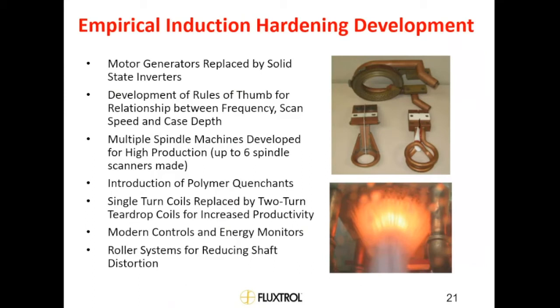The introduction of polymer quenchants. Single turn coils were replaced by 2-turn teardrop coils for increased productivity. Modern controls and energy monitors to really understand and know if you're repeating the same process. And then a slick little development for roller systems that would reduce the shaft distortion and dimensional movement during the process.